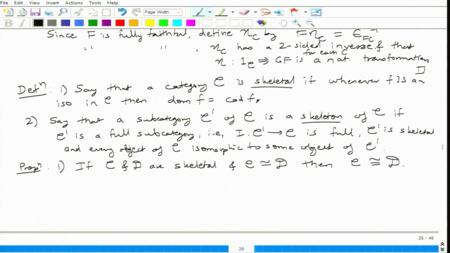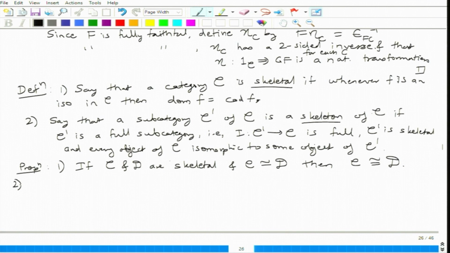That there is a bijective correspondence between objects; the functor has a two-sided inverse up to equality. So equivalence between skeletal categories is the same as isomorphism. Nothing surprising over here.